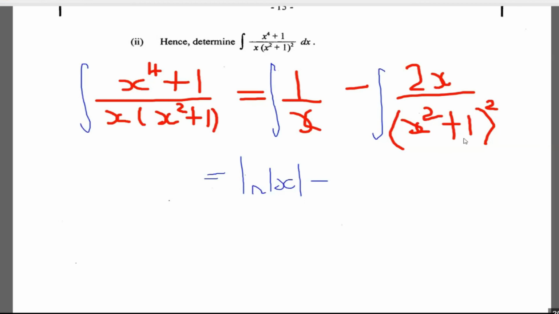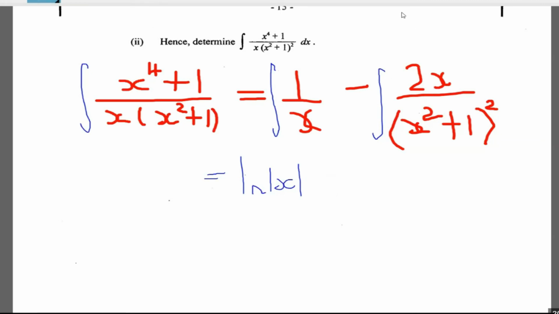So if I were to call this u, if u is x squared plus 1 all squared, then this would be du. I'm integrating 1 over u squared, and that becomes u to the minus 1 over minus 1, so this becomes plus. I'm doing it visually, guys. Let's not do it visually; I'll write it down so we all see what I'm doing.